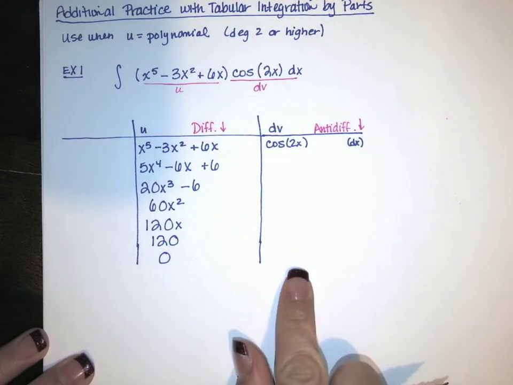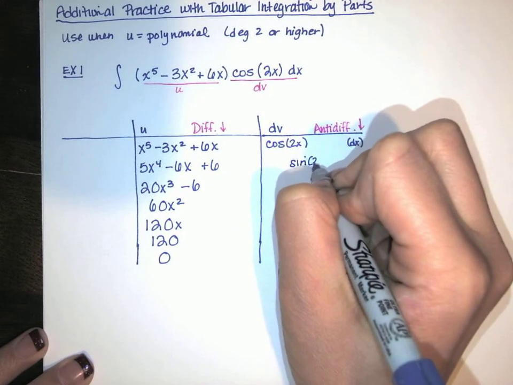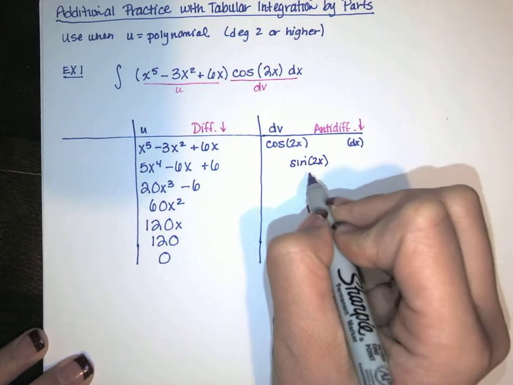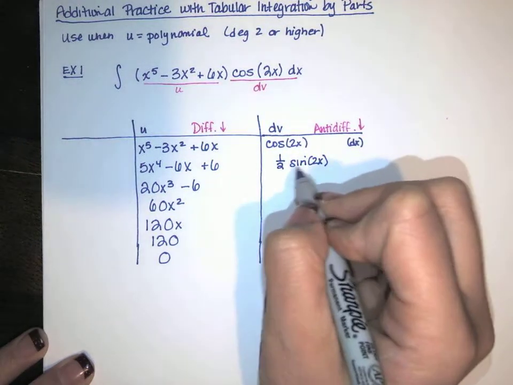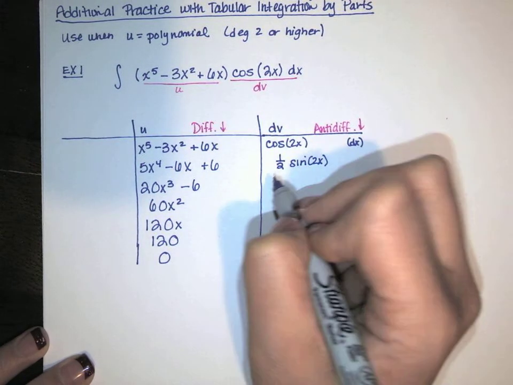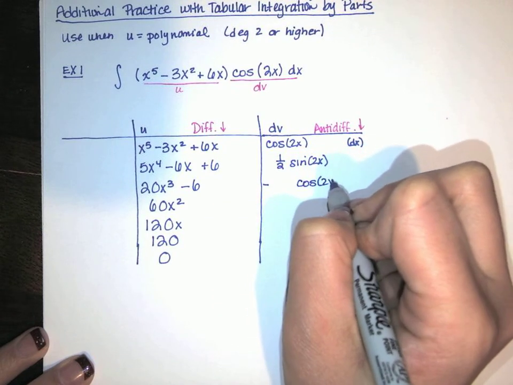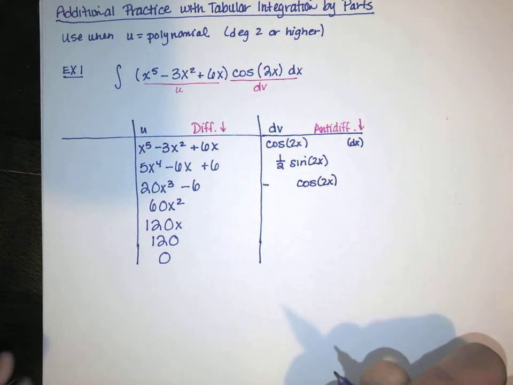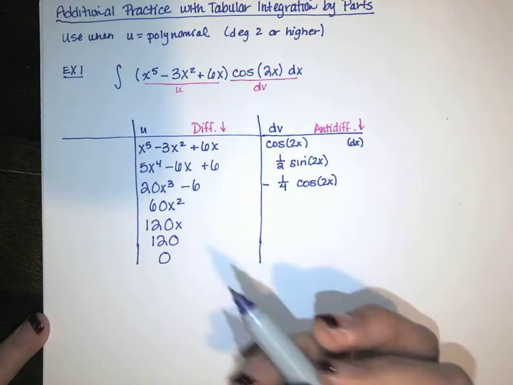And for antiderivatives, the antiderivative of cosine is sine. If you've got a kx inside, don't forget to divide by the k. The antiderivative of sine is negative cosine. I've got to divide by the k again, or multiply by 1/2 again. 1/2 times 1/2 is going to give me 1/4.